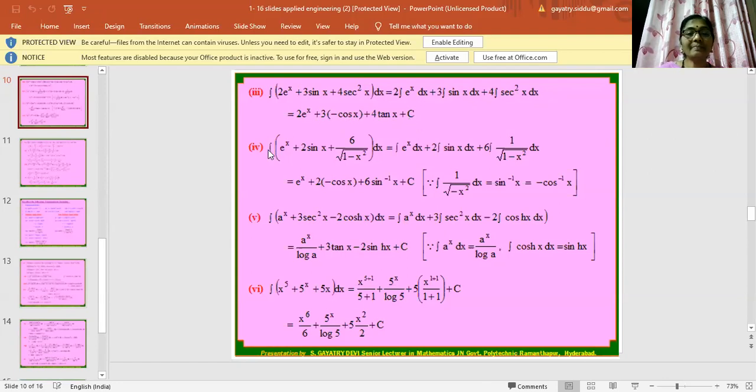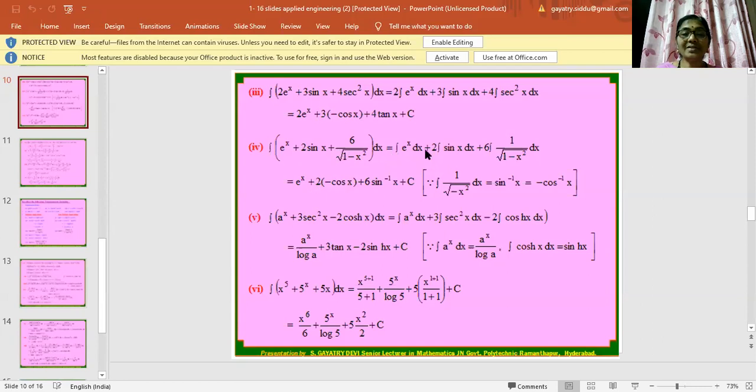Coming to the next one, integral e power x plus 2 sin x plus 6 by root of 1 minus x square. One exponential, one trigonometric, one algebraic-looking term. If we go for integration, separate the terms and apply integral dx.